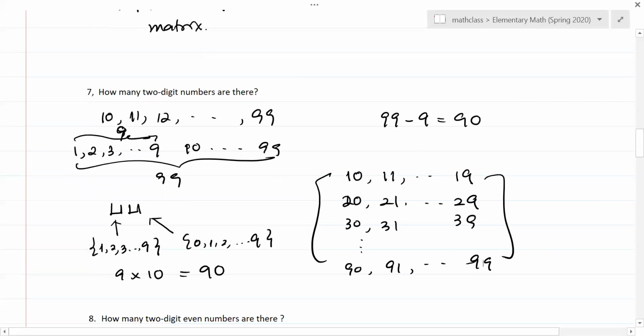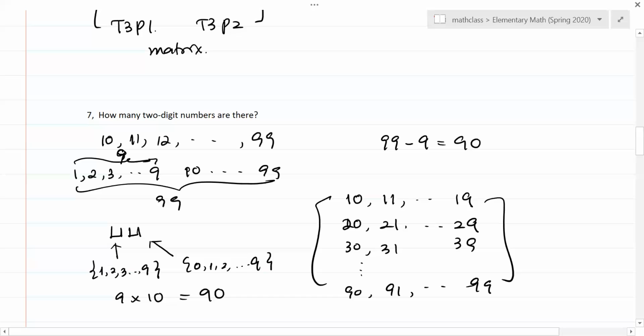How many rows? 9 rows. How many columns? 10 columns. So this is a 9 times 10 matrix. How many total numbers inside? 9 times 10, just like how you find the area. That product gives the total number of elements in this matrix. So we are learning matrices now; this is a very advanced topic.